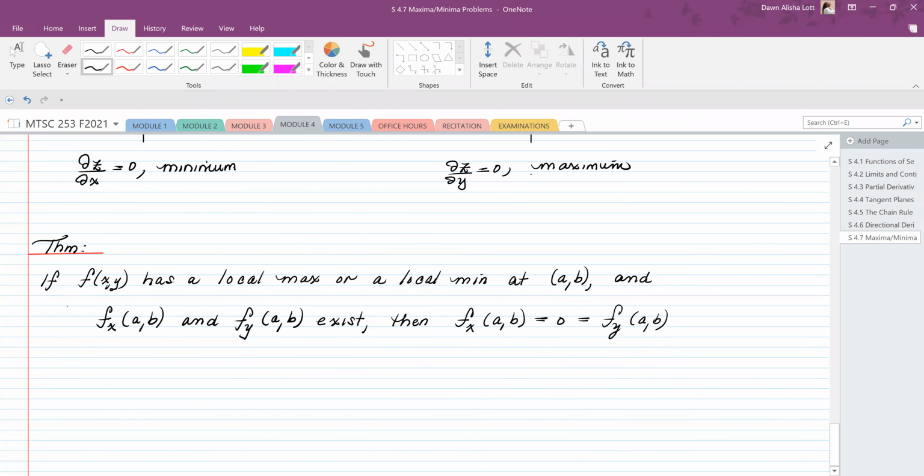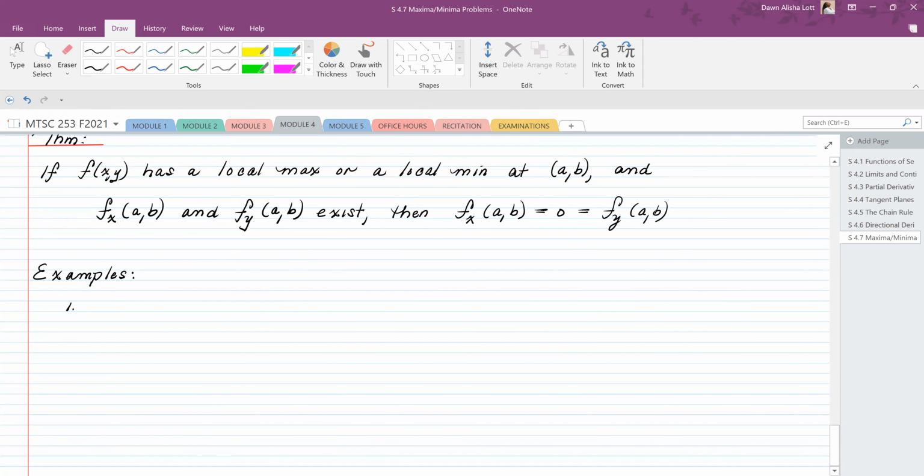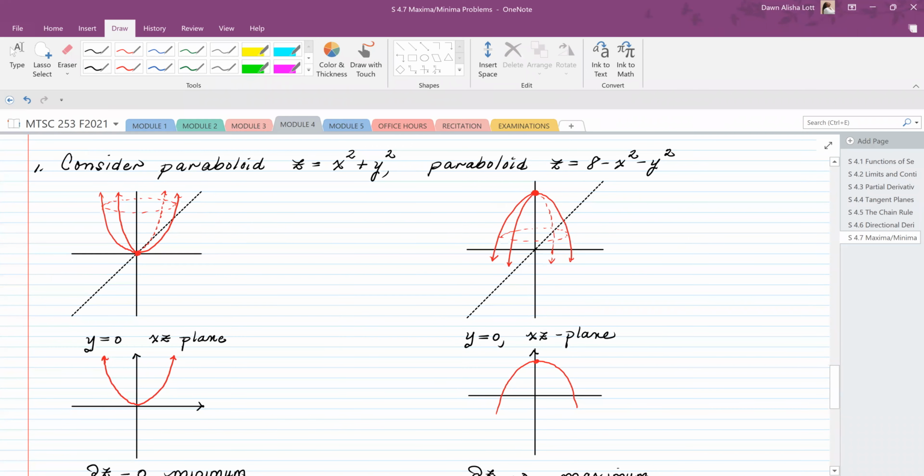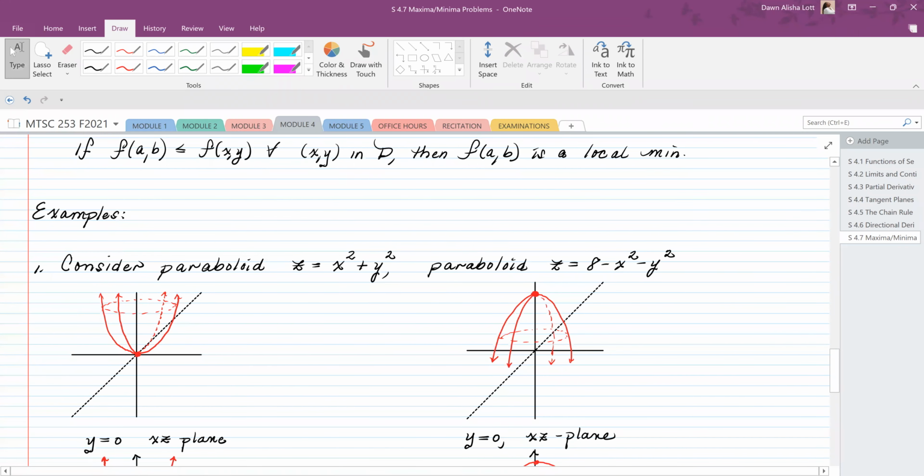So let's look at these two problems. Go back to our examples. Okay, the first one, f of x, y was x squared plus y squared. And we could clearly see that it had a min at the point 0, 0.